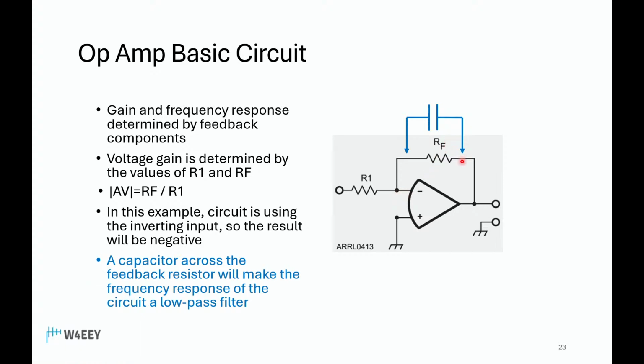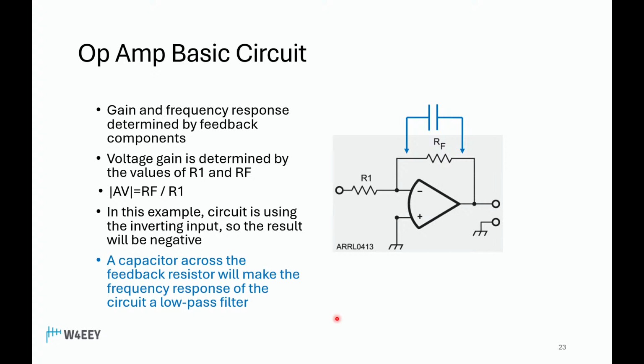Now, if we put a capacitor across the feedback resistor, it will make the frequency response of the circuit a low-pass filter. So depending upon what you put in this feedback loop, combinations of capacitors and resistors and I suppose even inductors will completely change what the circuit does.